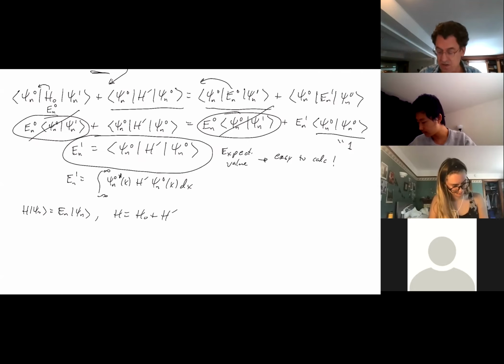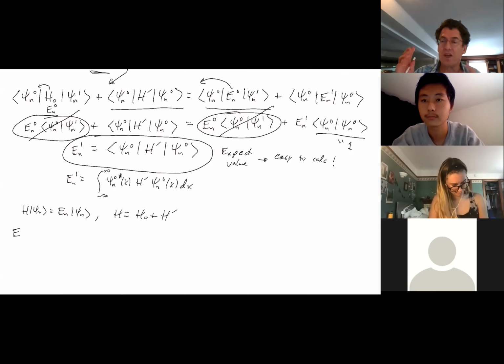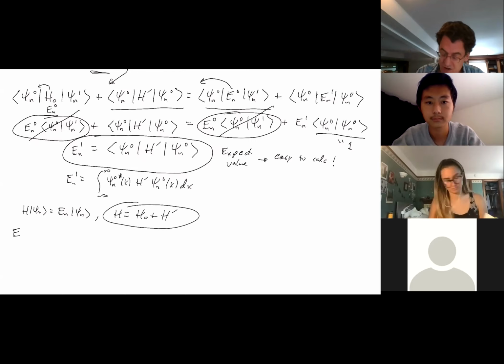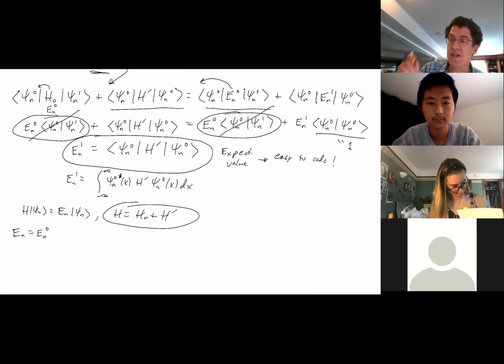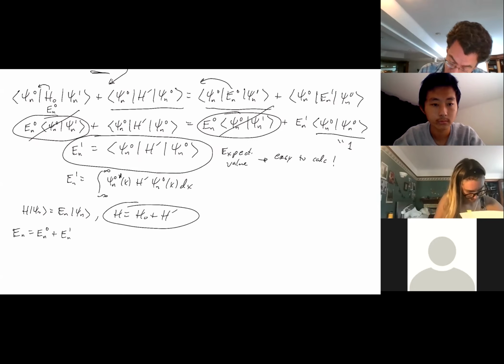I don't know what tricks to use, but I don't have to do anything. If someone asks me what the eigenenergies of this new Hamiltonian are, all I do is say, well, I know the unperturbed Hamiltonian. Those are easy. I just look them up in a book from undergraduate quantum mechanics. And then I just add on a little correction, and that's my new eigenstates.